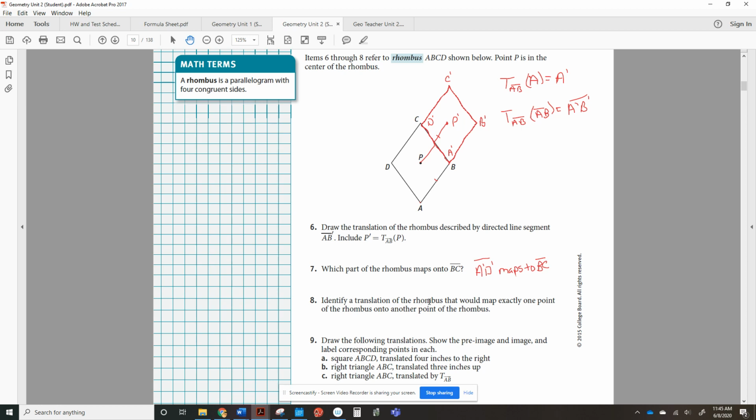Identify the translation of the rhombus that would map exactly one point of the rhombus onto the rhombus. Okay, so oh poo. Okay, I'm gonna erase all this. So if you need to see it again, you'll just have to rewind the video. So I'm gonna delete this. This is the only thing that I want left.